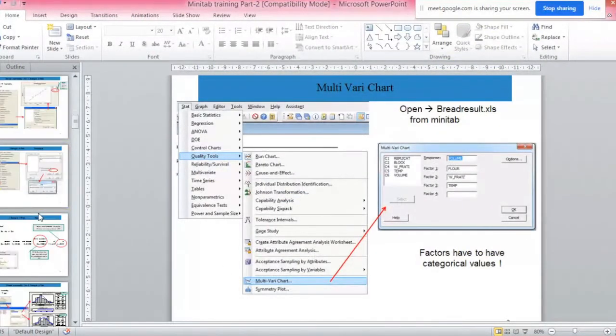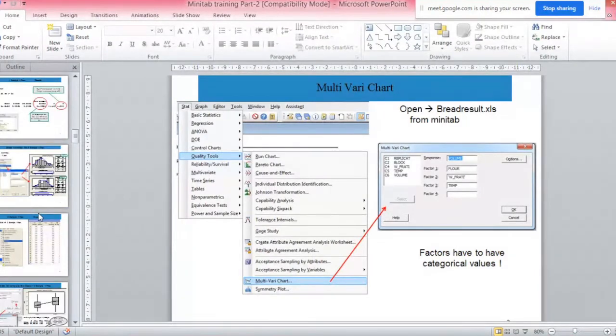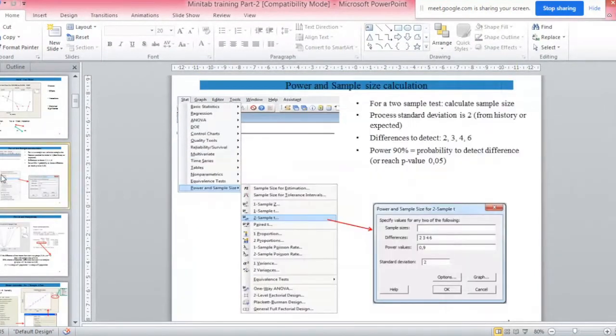First, before we go for the analysis, we will go for the power and sample size. This is important to understand how to collect the samples.